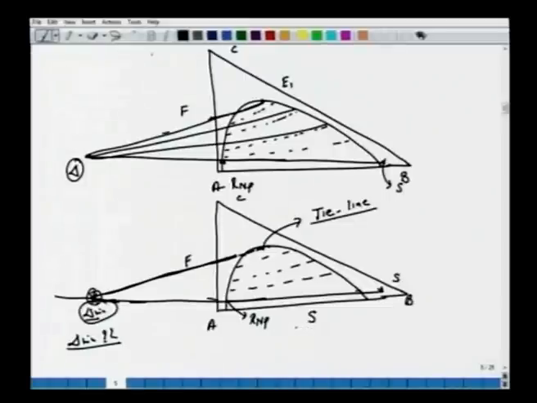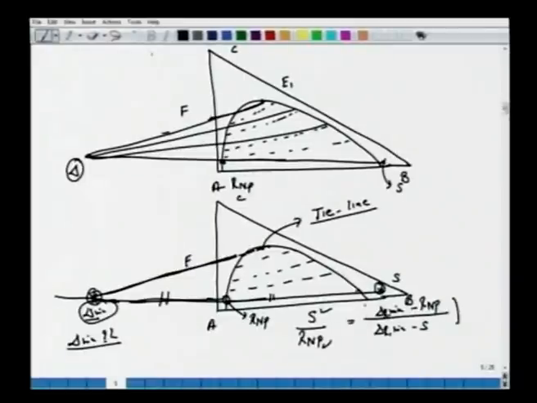The amount of solvent S divided by the amount of raffinate R and P will be equal to del R, which is del R min here, to R and P. So the segment to S over R and P is the segment del R and P. So this segment divided by R and P, we have the total segment del R min S, the bigger segment from here to here.